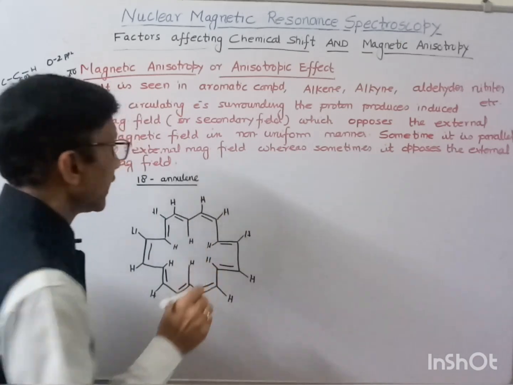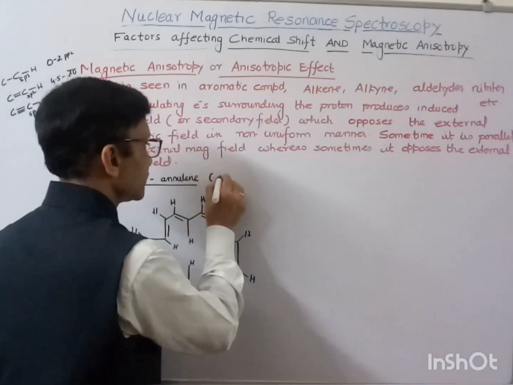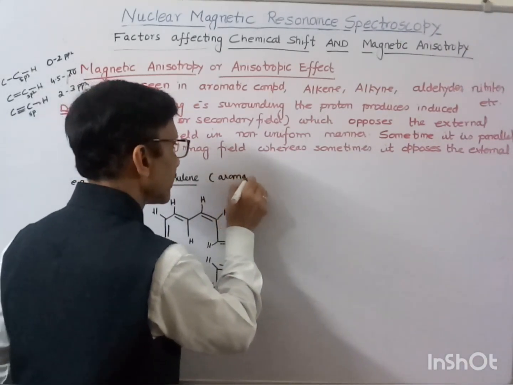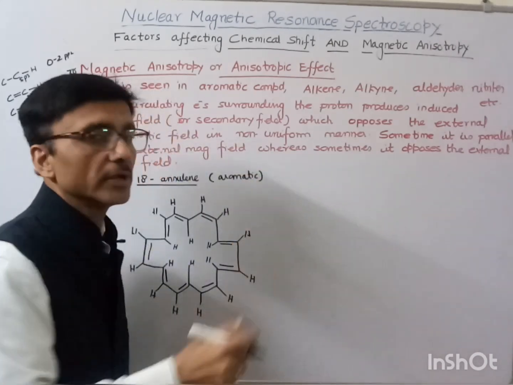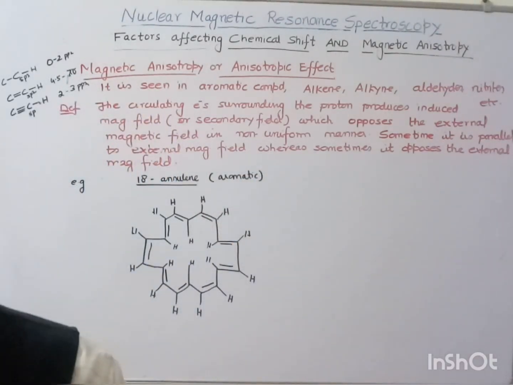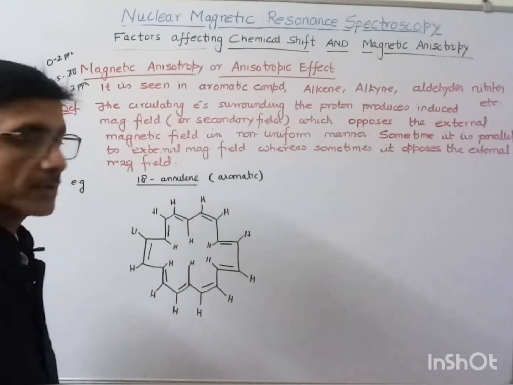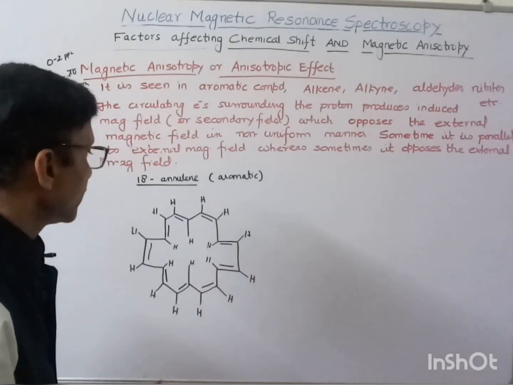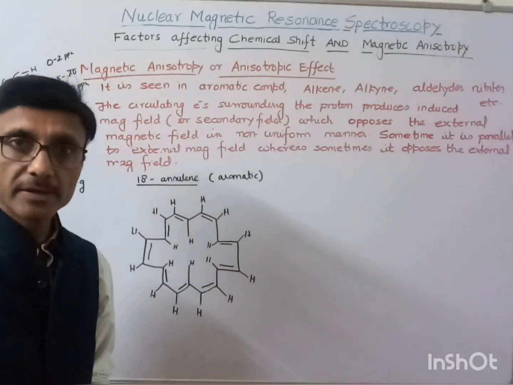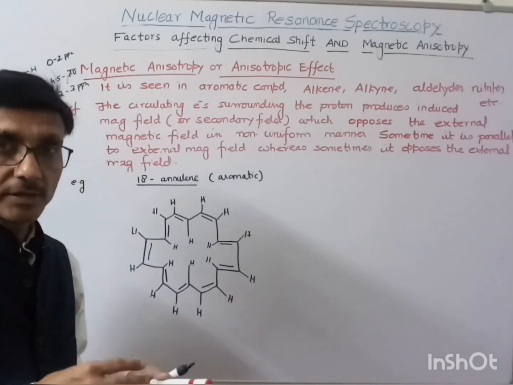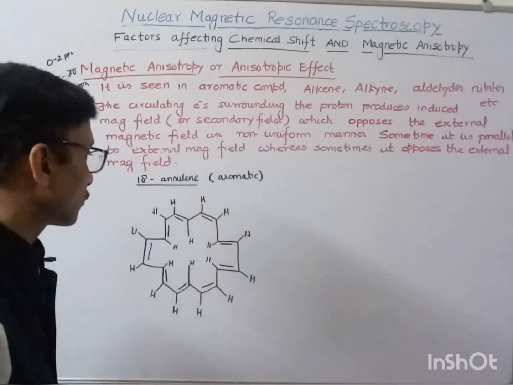Now this annulene is an aromatic system. Why is it an aromatic system? Because it completely follows the Huckel rule: 4n plus 2 pi electrons are present over here. It is completely planar, with complete delocalization of electrons.